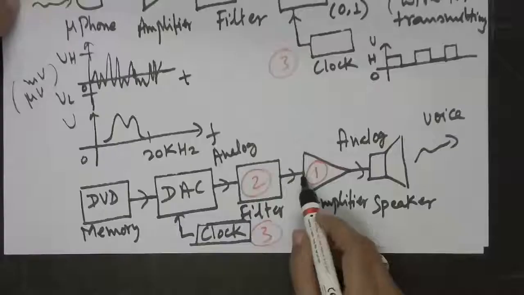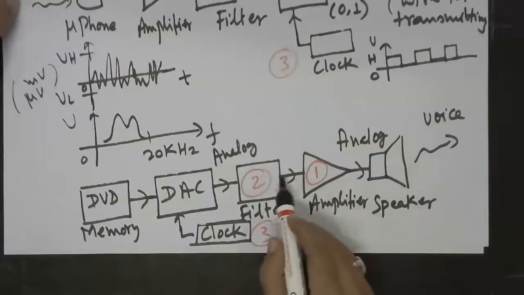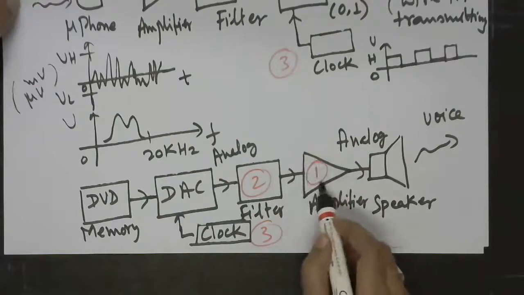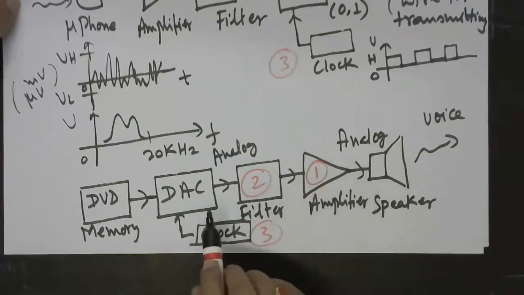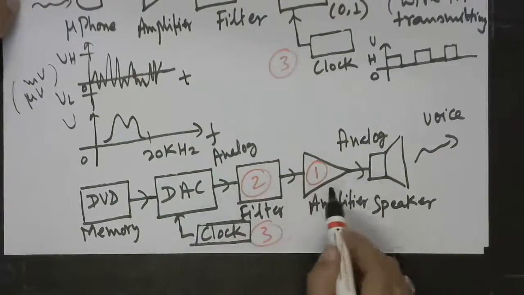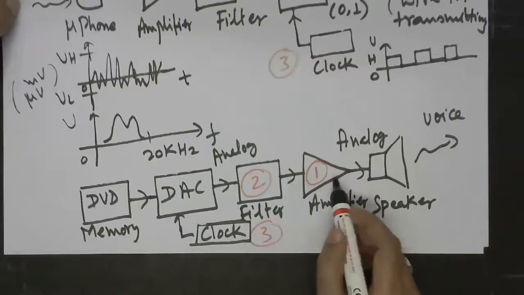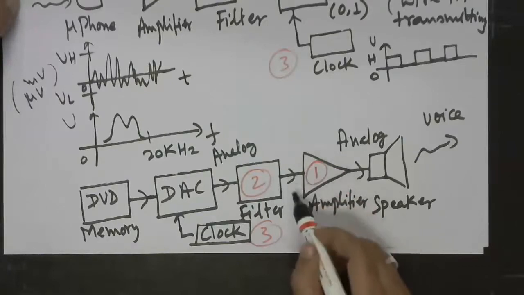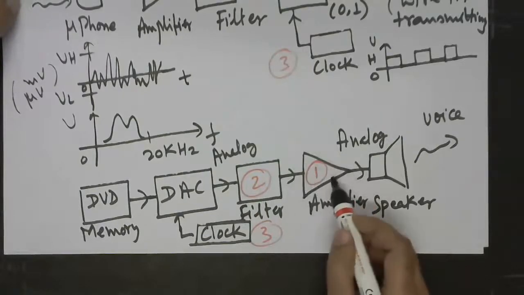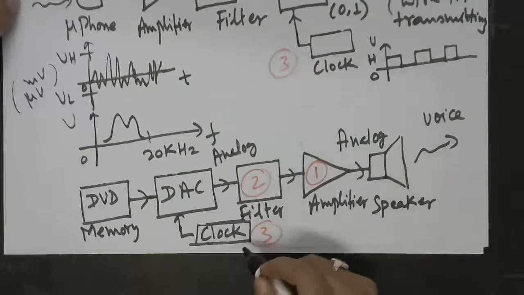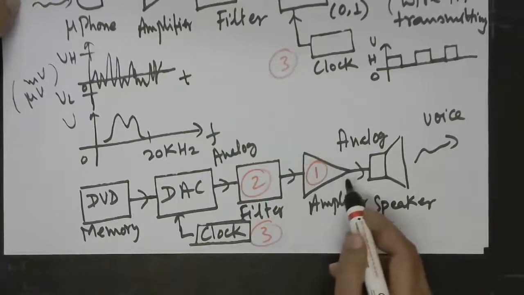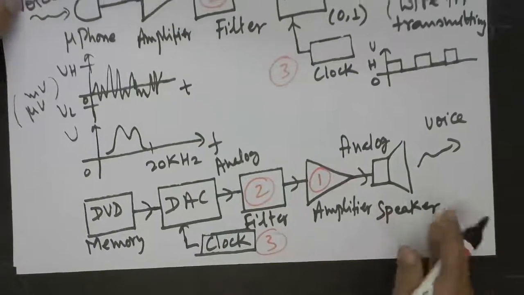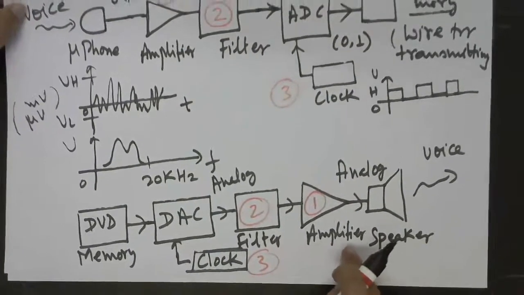And there could be a few more amplifiers before this last one. I have shown only one, but there could be a chain of amplifiers, that is called a cascade of amplifiers. So the voltage that it will be handling and the current, or in terms of power also, are going to be large. So these amplifiers are called power amplifiers.